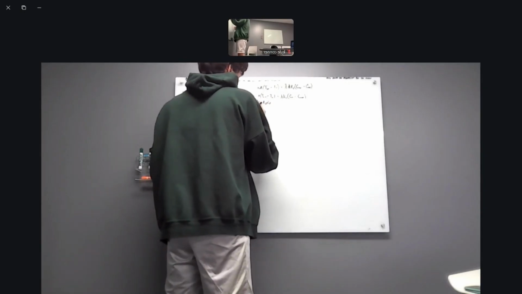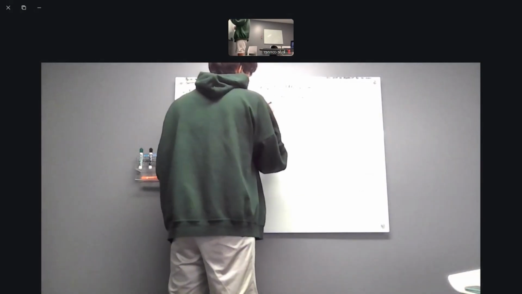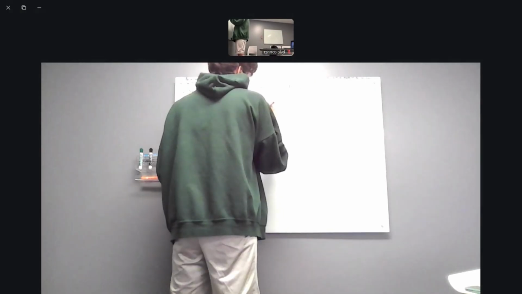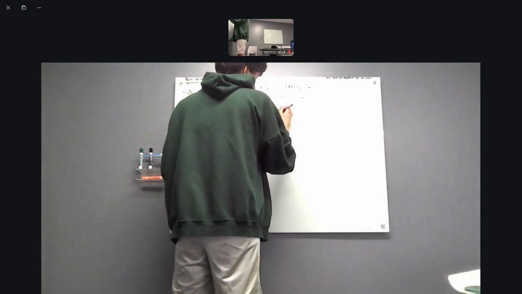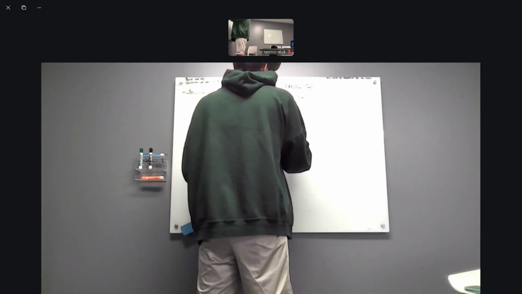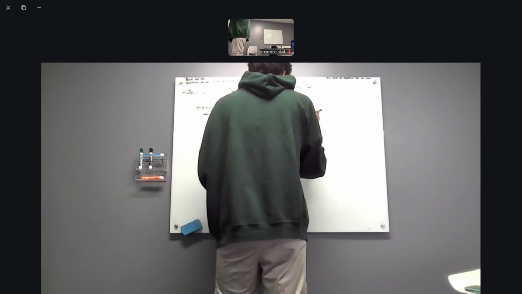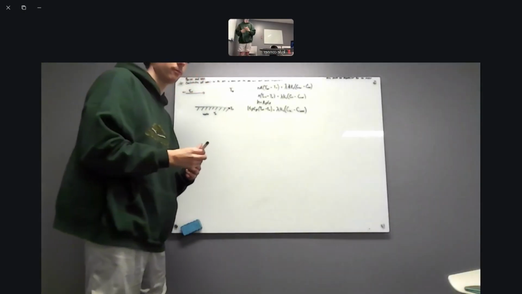So we have k rho Cp times our temperature of air minus temperature of water, and that's equal to the enthalpy of vaporization, Kc, concentration of water at the interface minus concentration of water at infinity. So now we can simplify that down even further.